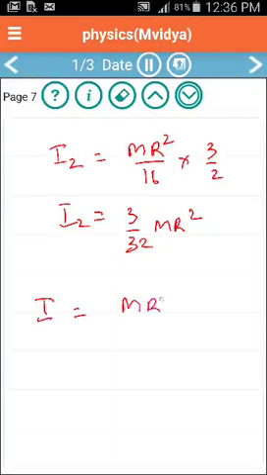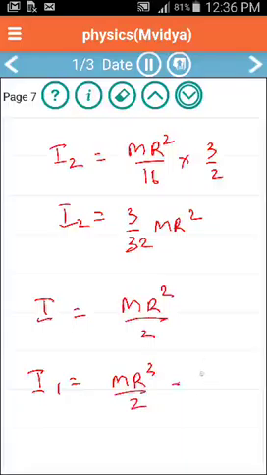I is mr squared upon 2. So I1 is I minus I2, mr squared upon 2 minus 3 upon 32 mr squared.